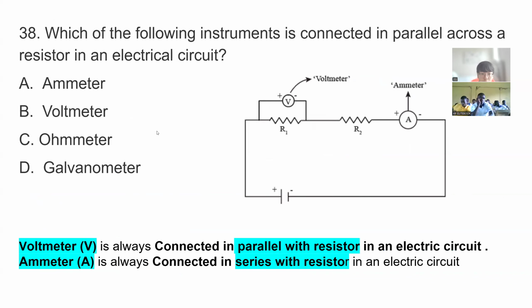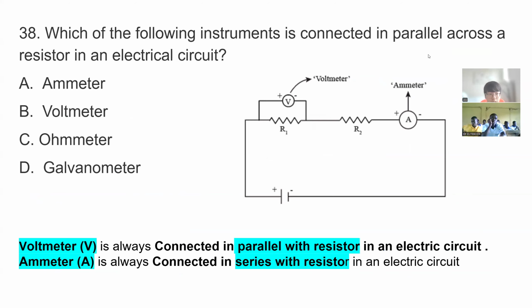Okay, so which of the following instruments is connected in parallel across a resistor in an electric circuit? So here is the resistor. And what is parallel? It's B. Yes, that is correct.